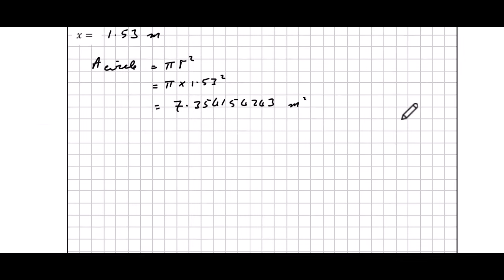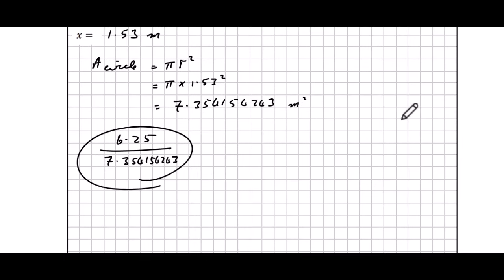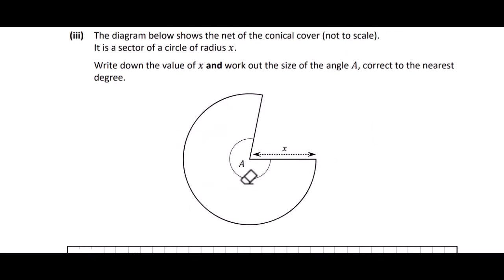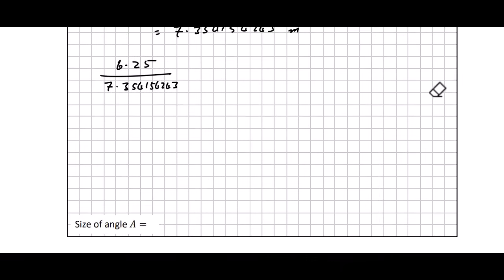So if we put 6.25 over 7.3541544243, we don't need that many decimal places. This is the fraction of the circle that we're talking about. This is this part of this circle here.